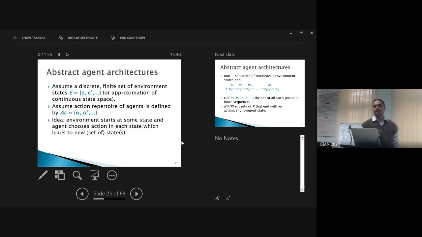So, if you see from the computer science point of view, an abstract agent architecture. If you describe an agent architecture, assume a discrete finite set of environment states.